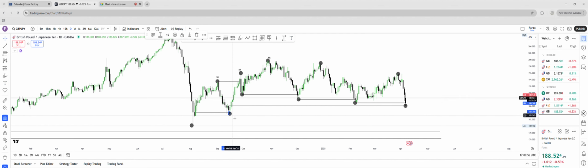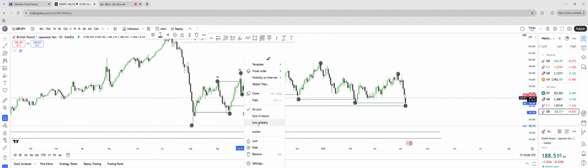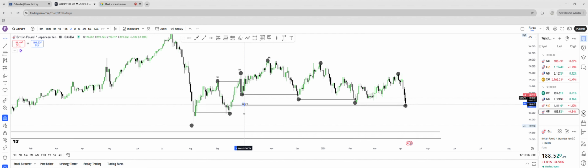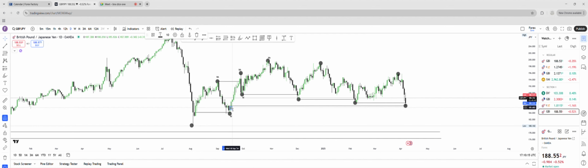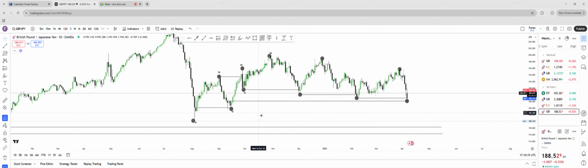A higher low. You see what formation market created here?